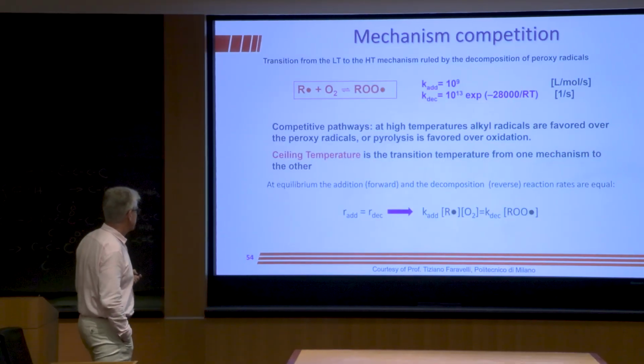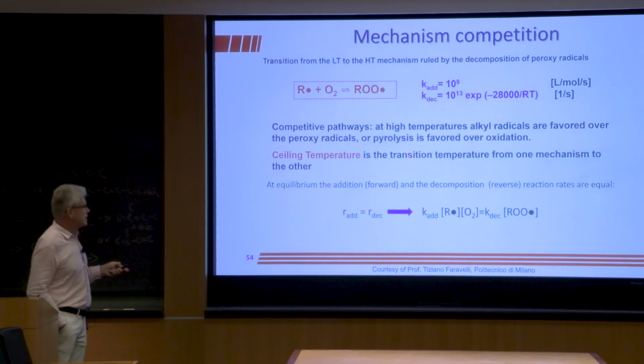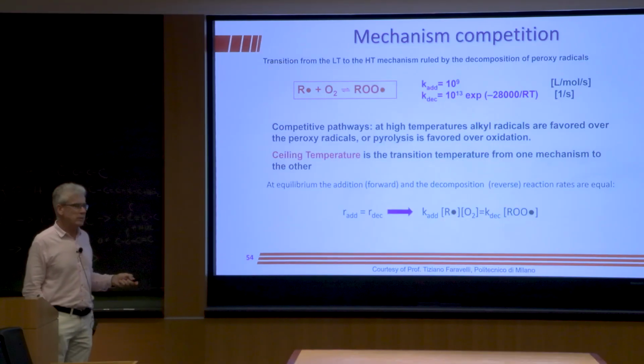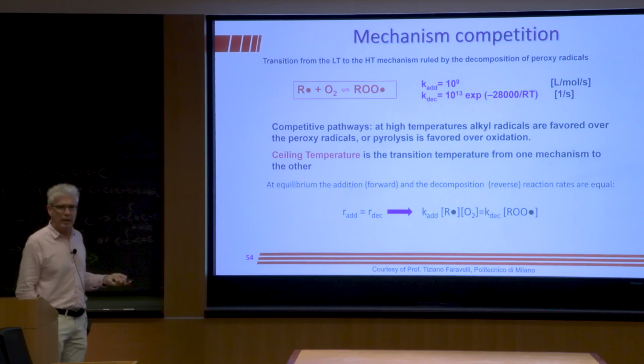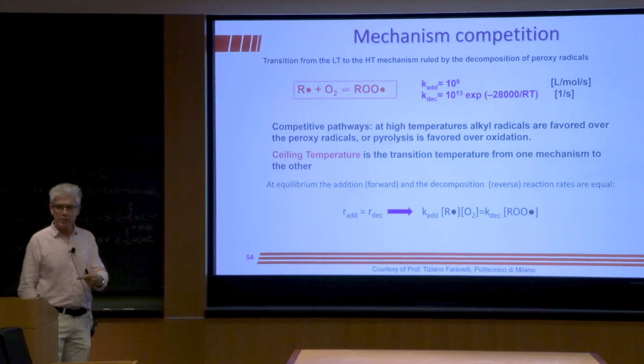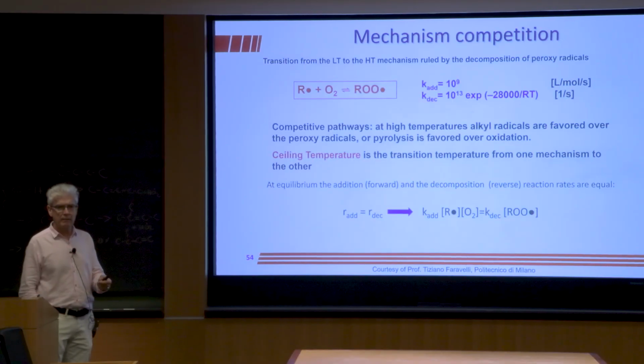So there is a ceiling temperature, and this is the transition temperature from one mechanism to the other. So in other words, when this equilibrium shifts from RO2 back to R plus O2, and then R undergoes beta scission to give you an olefin and a smaller radical, either methyl or H ultimately, right?